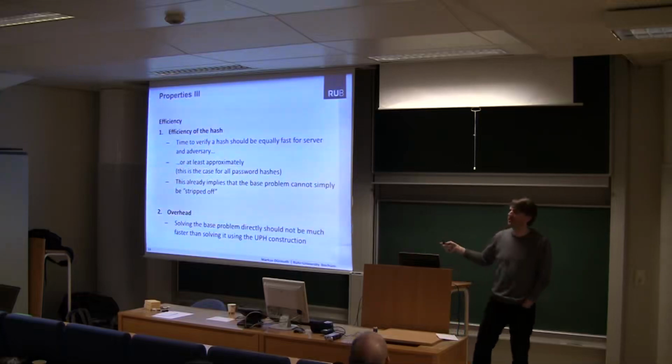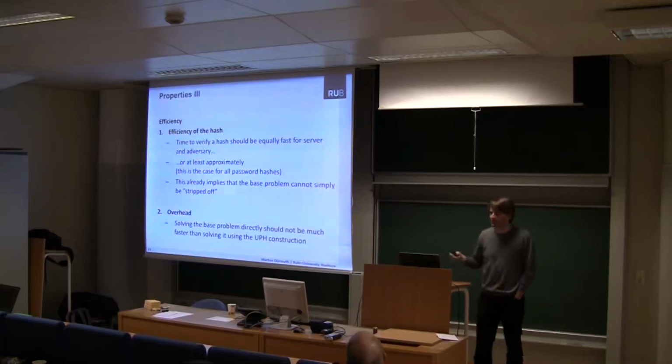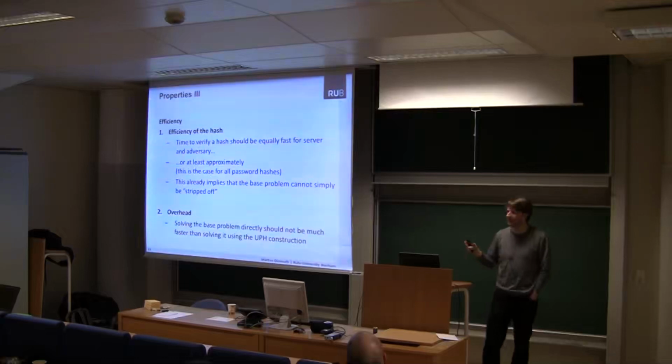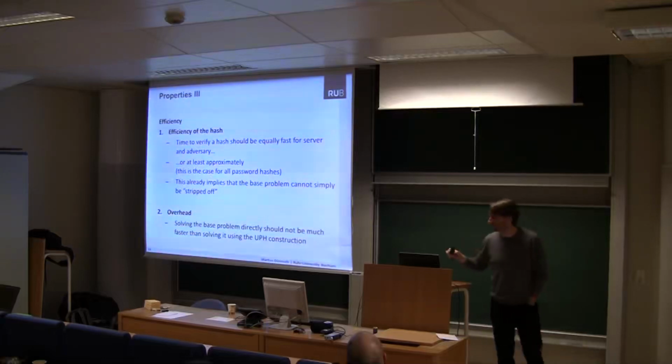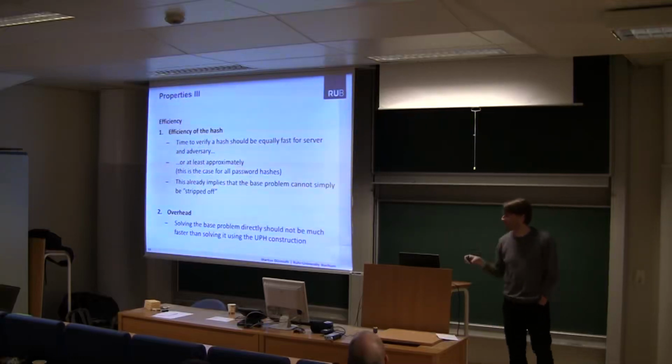Graphics cards, GPUs, are much faster in solving, well, at least current constructions and probably all constructions that will come. So we can at most hope for being approximately as efficient. But that's good enough. All we are requiring is that there's no factor of 10 or so or 100 between the legitimate server and the adversary.